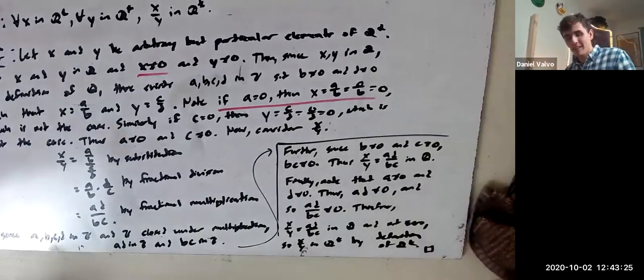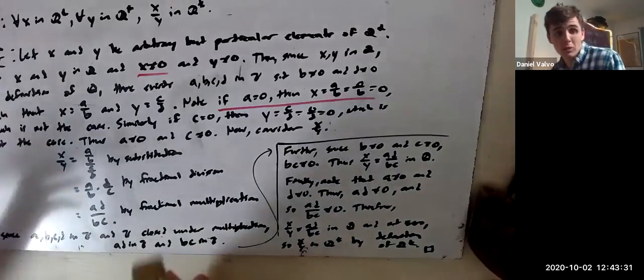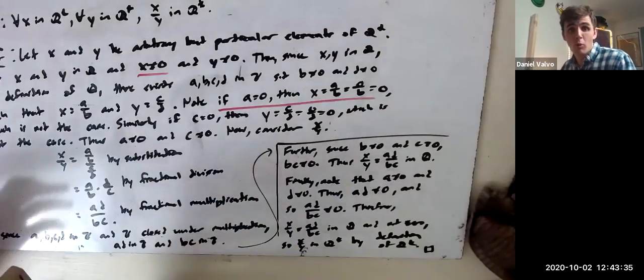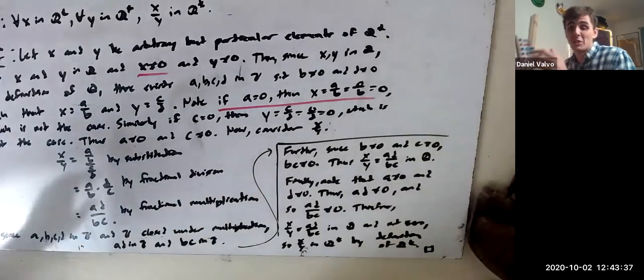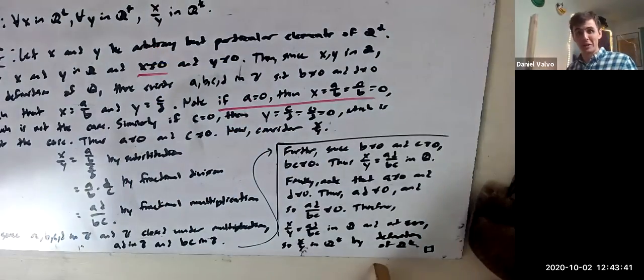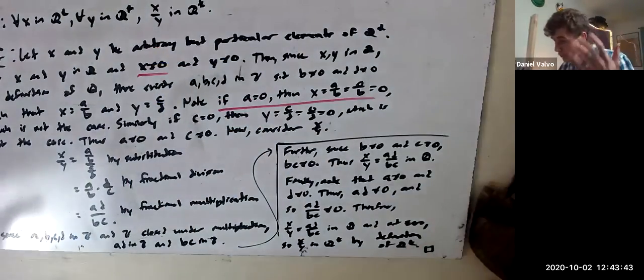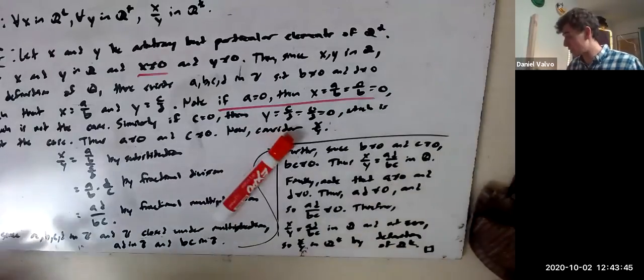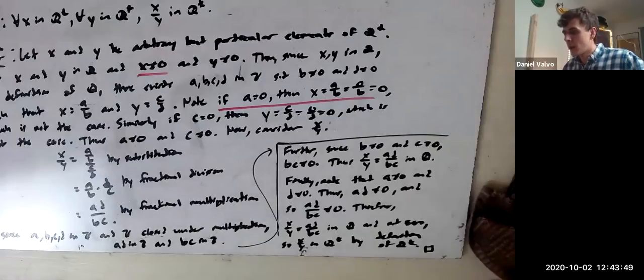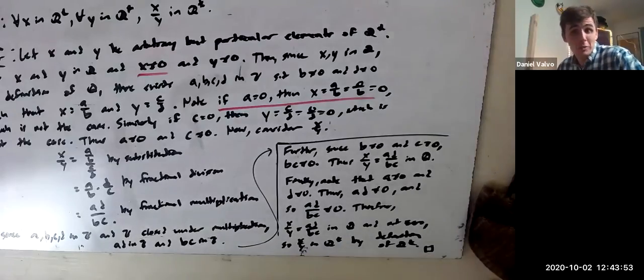And put a square on it because we're done, right? What we've shown here is that for any arbitrary x and y you pick in Q star, the ratio x over y will be in Q star. And since it works for any old element in Q star, it works for every element in Q star. So Q star is truly closed under division. No matter what two elements of Q star you pick, their quotient will also be in Q star.